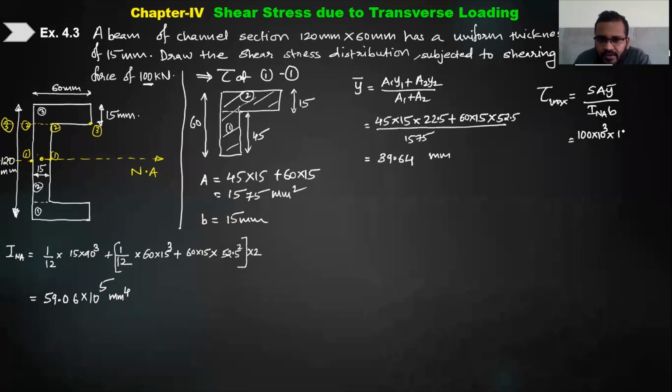Area how much? 1575 into what is y bar? 39.64 upon what is inertia? 59.06 into 10 raised to 5 into what is your B width? 15 mm. So give me the answer in MPa. 7.04. Yes.